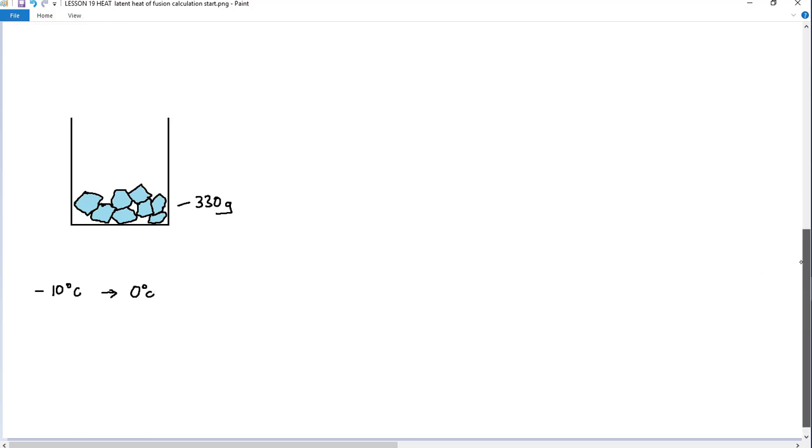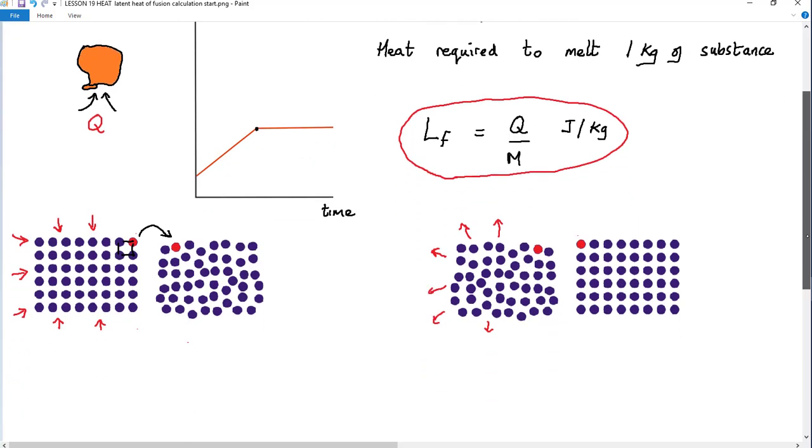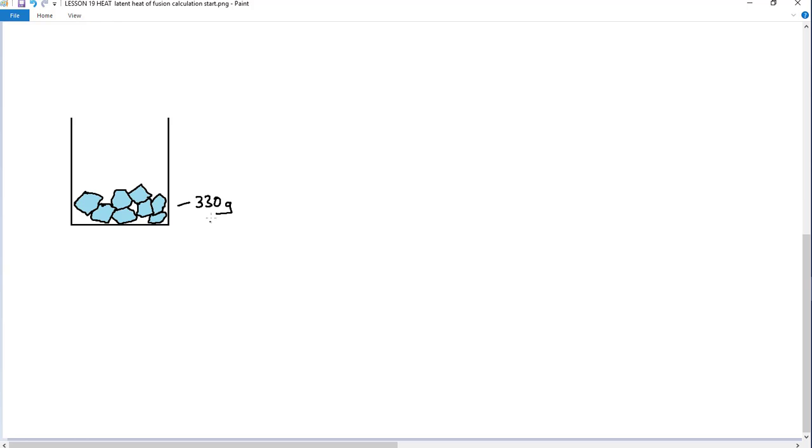So we're climbing up this part of the curve, and we've just reached the melting point for ice. We know that there are 330 grams of ice, and we want to know how much heat will be required to completely melt that ice.